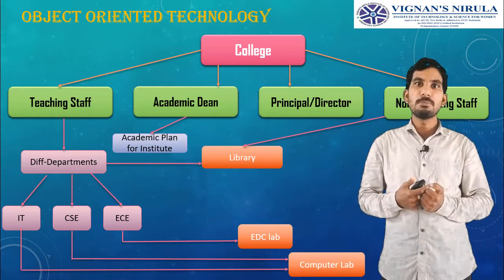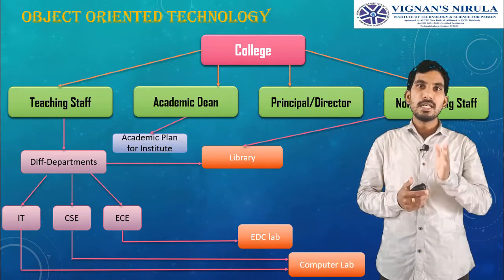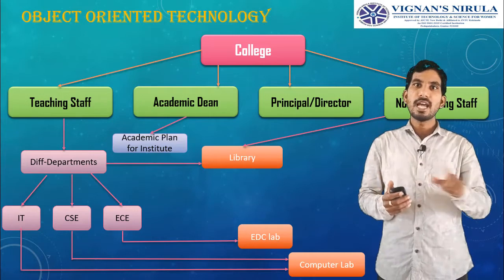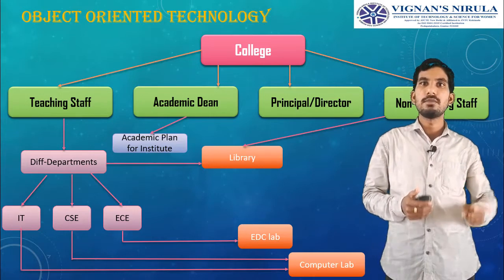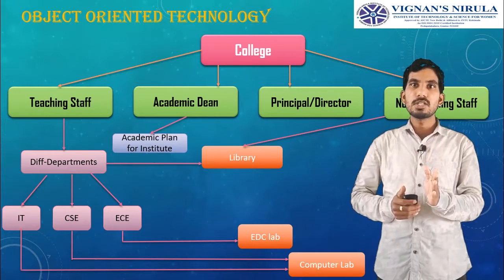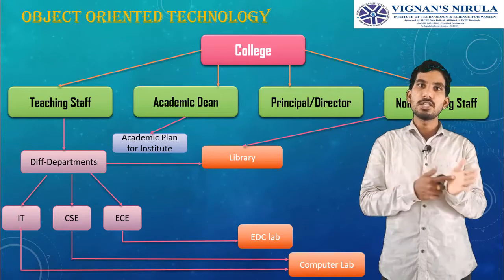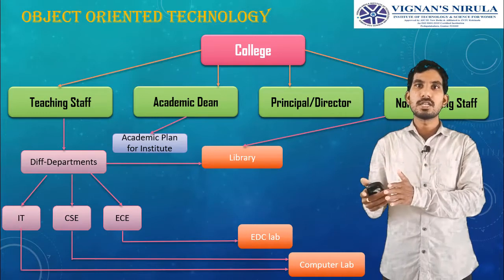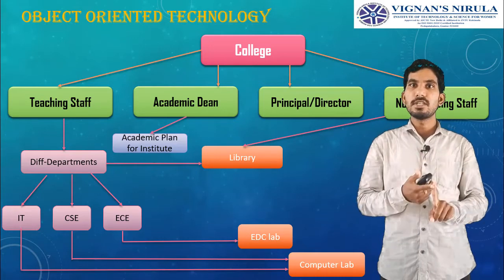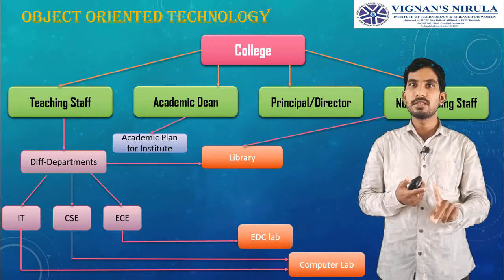Here the department is a non-living thing, and the lab is also a non-living thing. Whatever employees work in a lab are either non-teaching staff or teaching staff. So department and labs are non-living things.